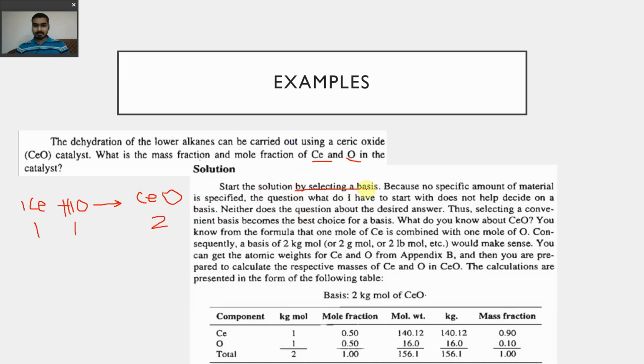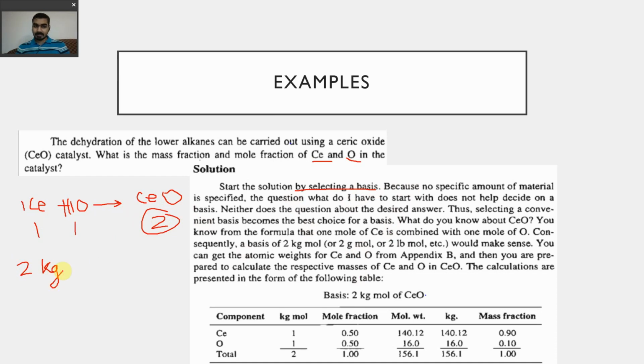So the first line should be selecting a basis, but here as the equation is not given, we have to first write the equation. Because no specific amount of material is specified, the question is what should I start with. Alright, so we have written this equation, that is Ce plus O gives CeO. So this is 2 kilogram, so we can choose a basis of 2 kg.